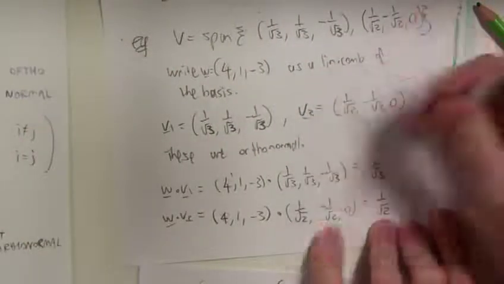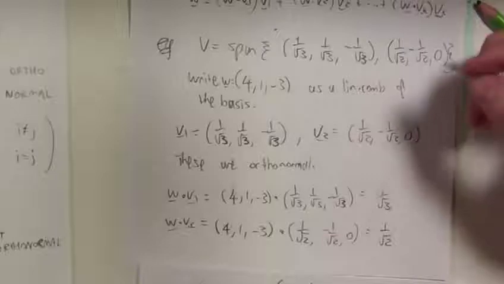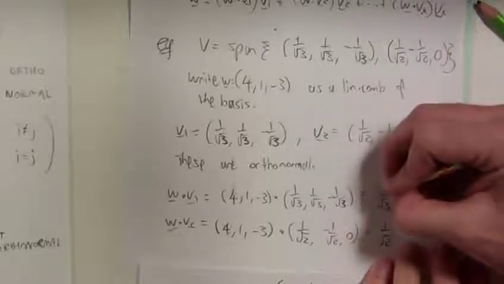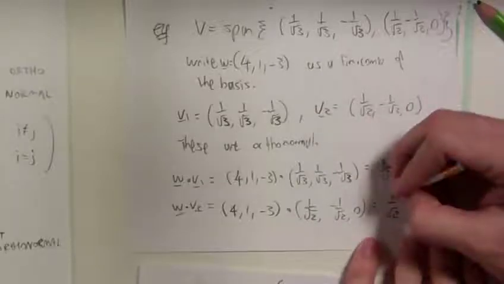Which would make this a 4 plus 1 would be 5, plus 3 would be 8. And 4 minus 1 would be 3. Right.